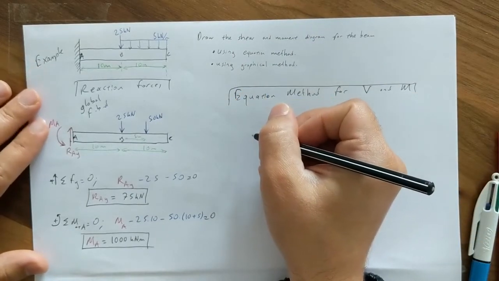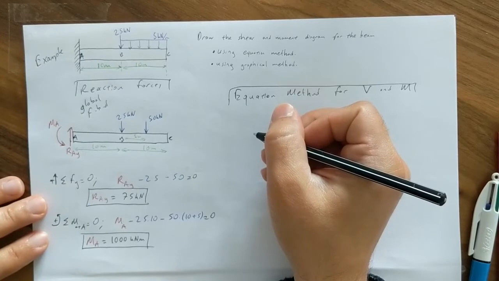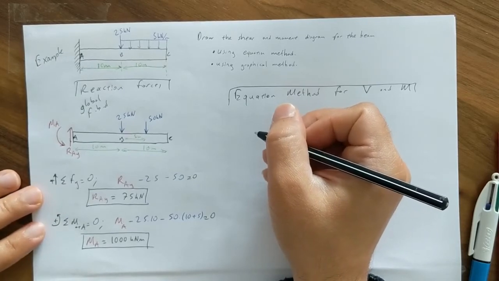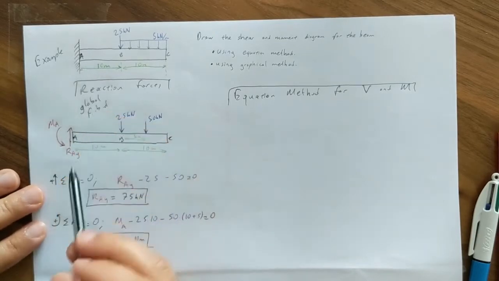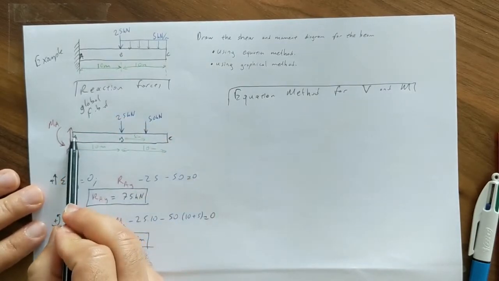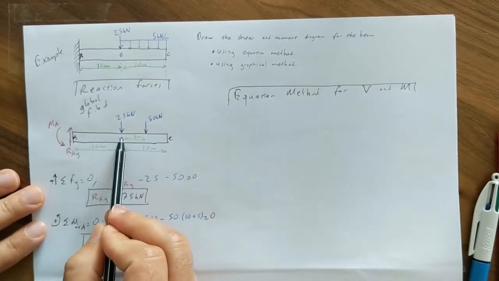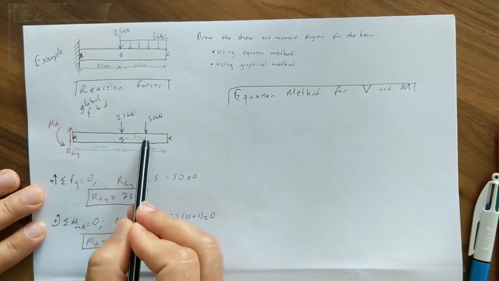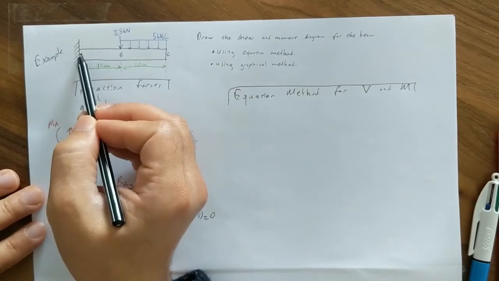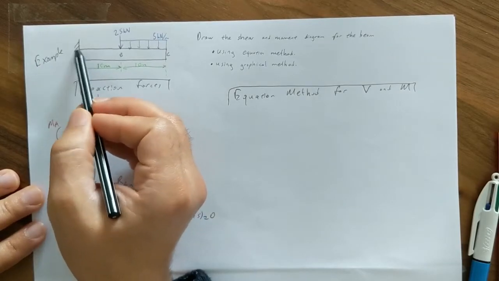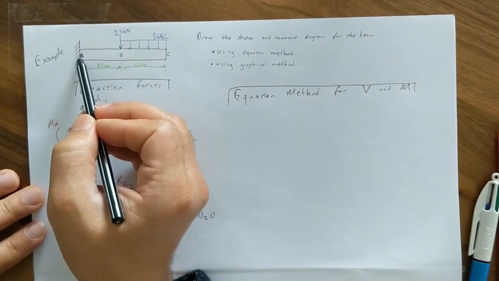First thing we do is to look at how many discontinuities there are in the beam, we see that there are three discontinuities. One is this, second is this, and the third is not this. It is here, because there is a loading here. It is about reaction forces, reaction loadings.